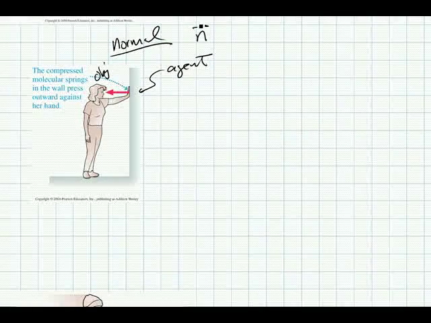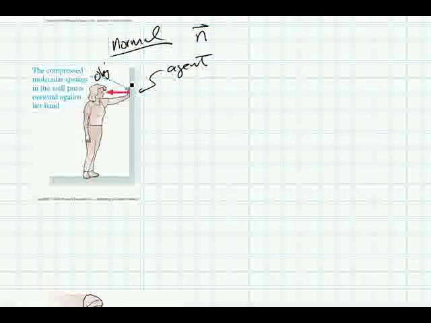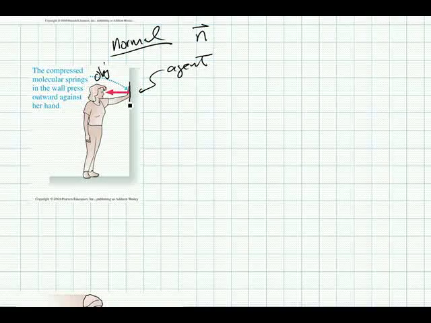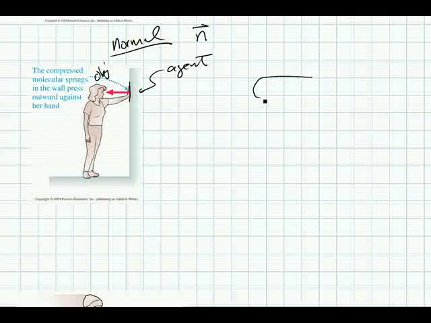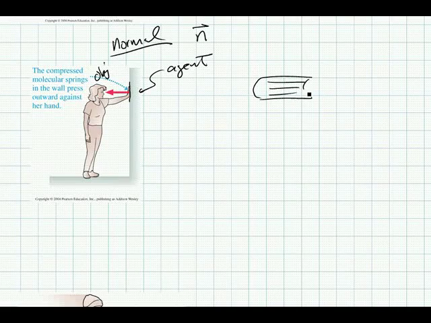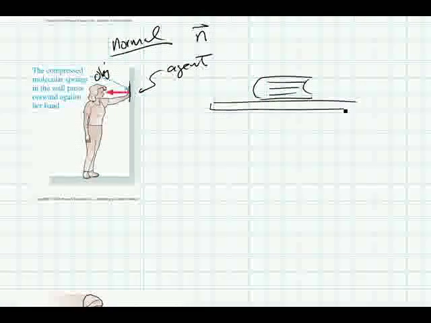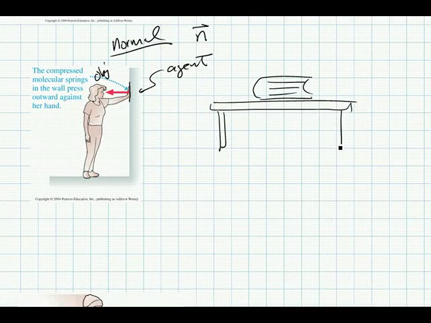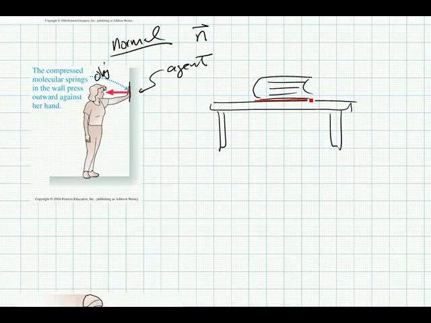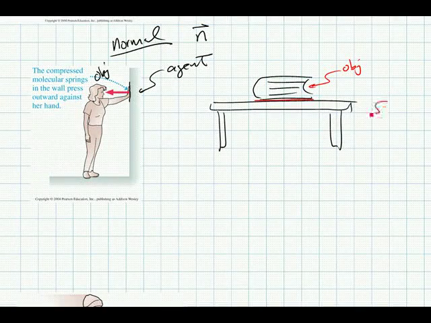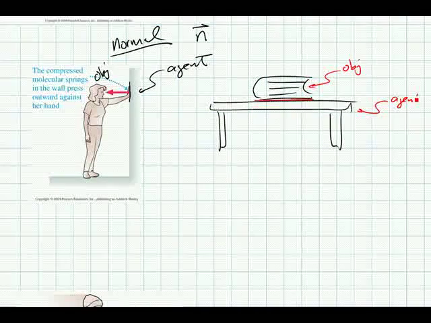Now normal force is always perpendicular to the plane of interface between the two objects. So if you consider a book sitting on top of a table, the interface of course is here, and if we call the book our object, the book is our object and the table becomes our agent.